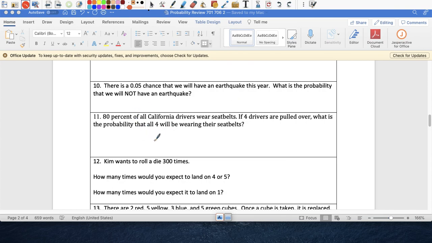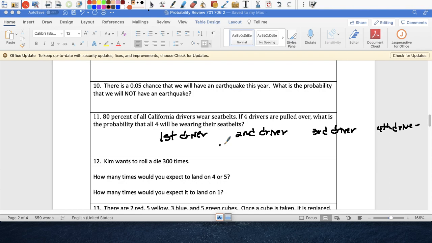So if you think about it, I'm going to write first driver, second driver, third driver, and then fourth driver. So you're a police officer, you follow a car, right?